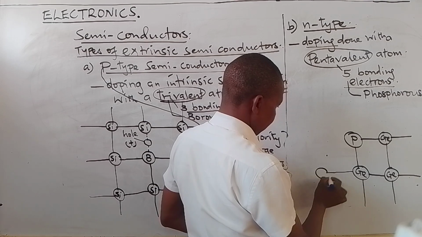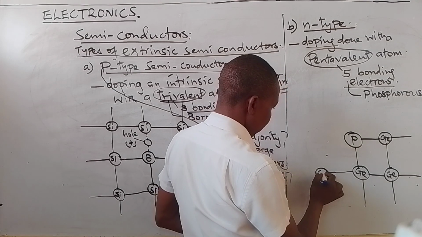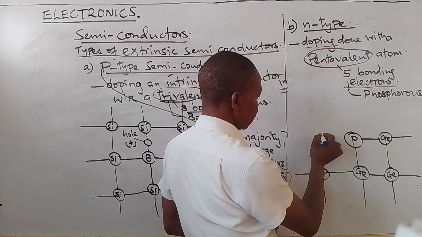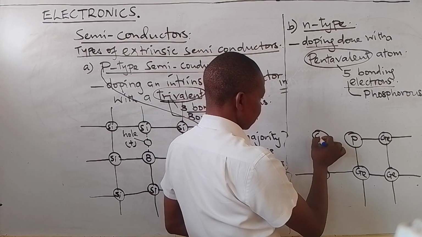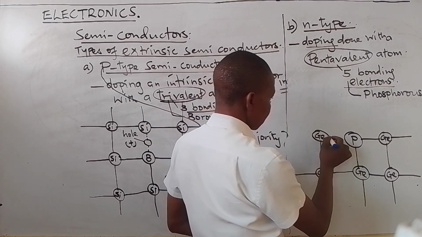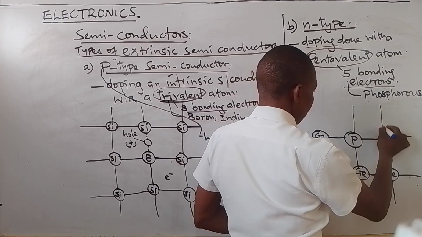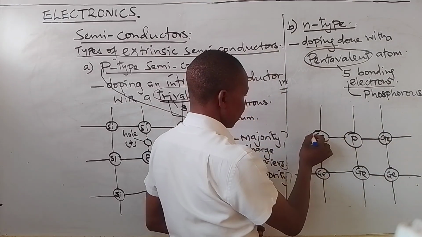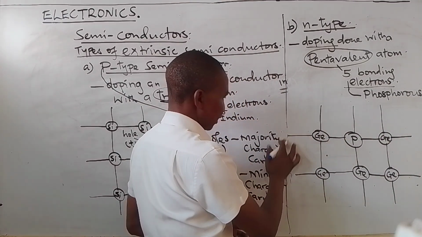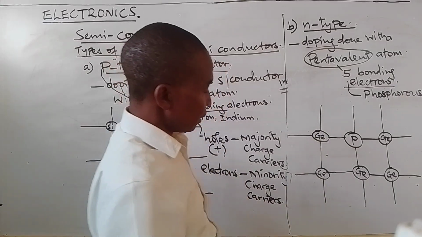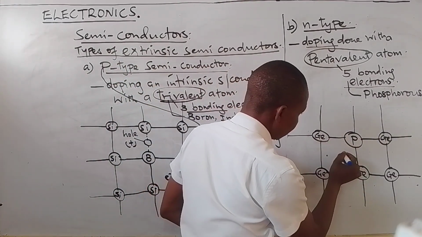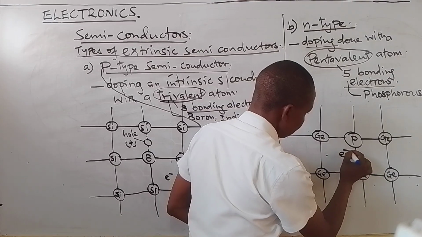Phosphorus has 5 bonding electrons, so it will be able to complete bonds with the 4 neighboring atoms and also have an extra electron remaining. That electron will be donated for conduction.